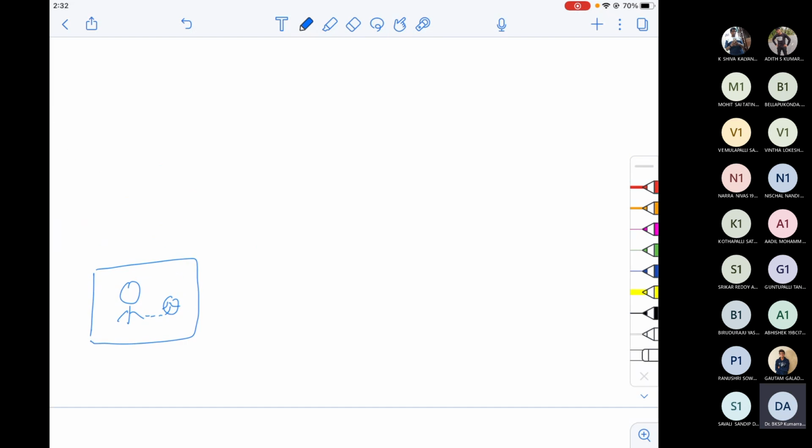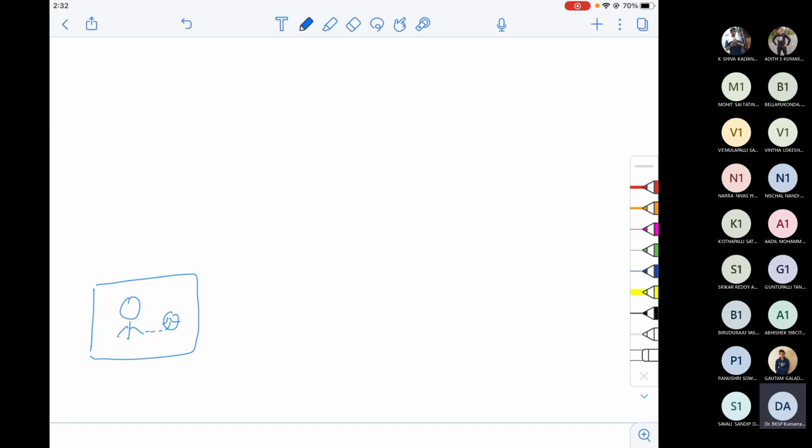Don't blame me for drawing the diagram in the worst way possible, but this is only for demonstration. This is the input image. I pass this to any CNN. It can be VGG, it can be ResNet, it can be any of your standard architectures, or your own architecture if you're confident about its robustness.